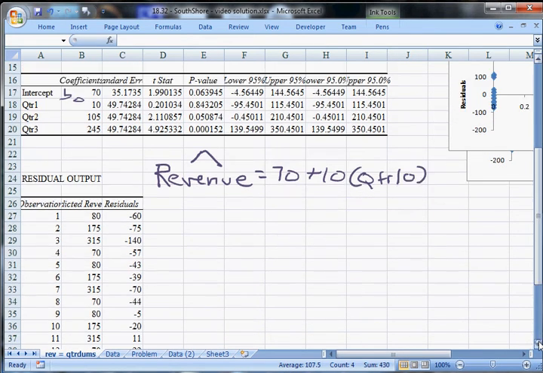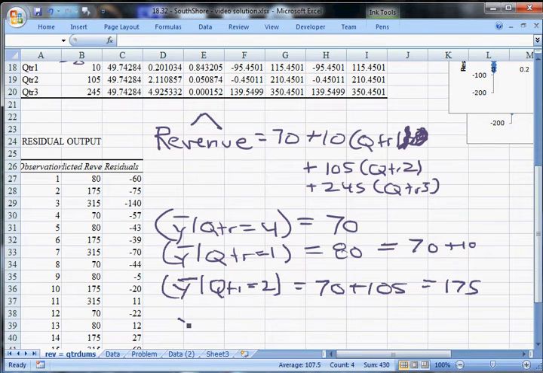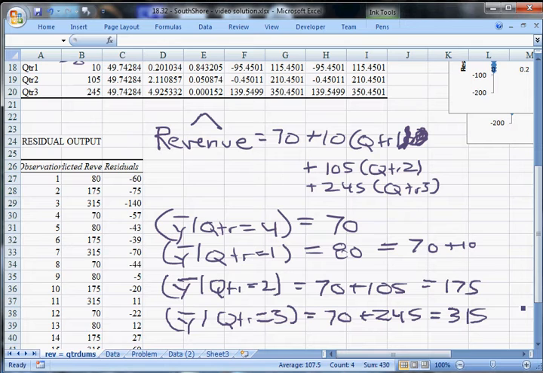For quarter equals 2, it's going to be 70 plus 105, which equals 175. And for the third quarter, the average revenue was 70 plus 245, which is 315. So using quarter dummies can help account for this, in that it will give us our means. And that's what we should get if we plug these in.